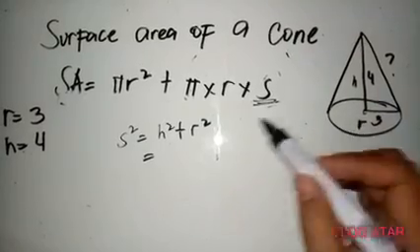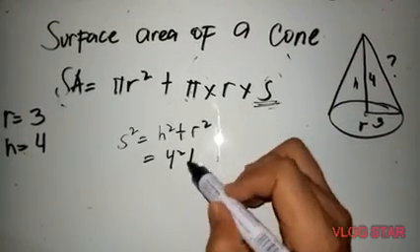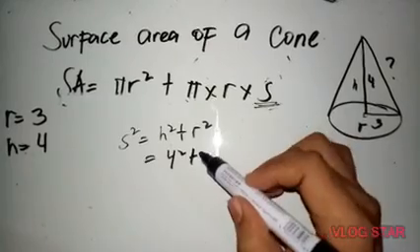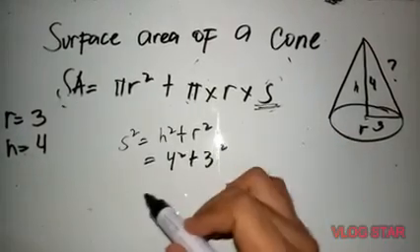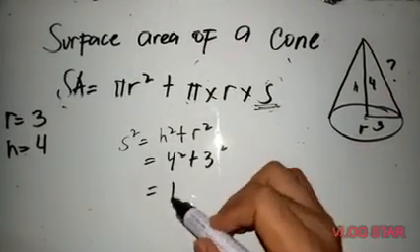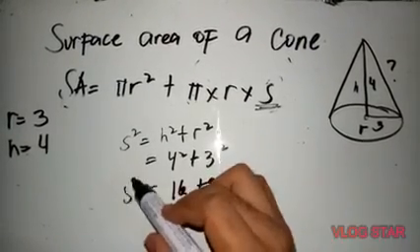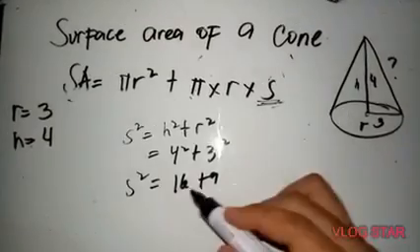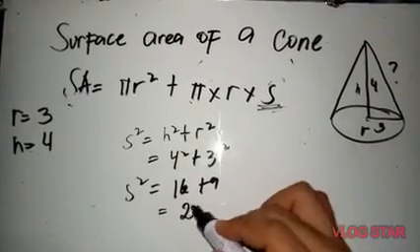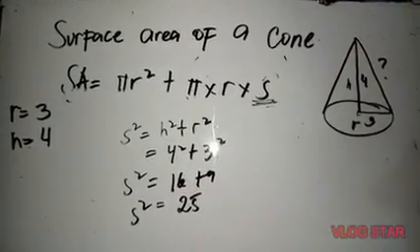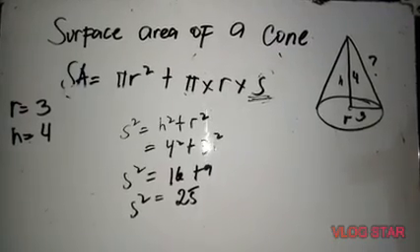What is the value of height? 4. The value of r is 3. So 4 square is 16, and 3 square is 9. When you add, the answer is 25. So s square is equal to 25.